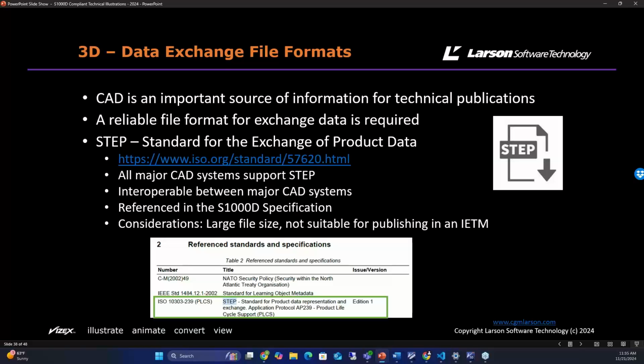I'm not sure which chapter it is in, but it is a reference standard in S1000D. Some of the considerations if you're going to start working with that information from an illustration point of view: the file sizes can be really large, and they're definitely not suitable for publishing in an IETM. So you're going to have to find another file format to publish that data for your end user.